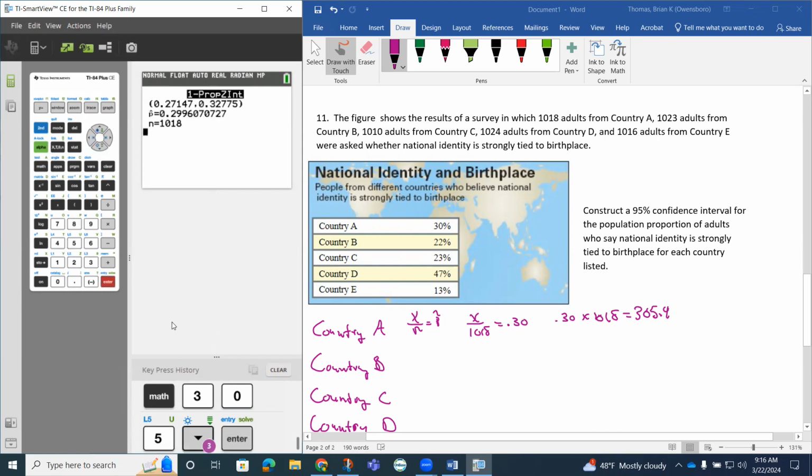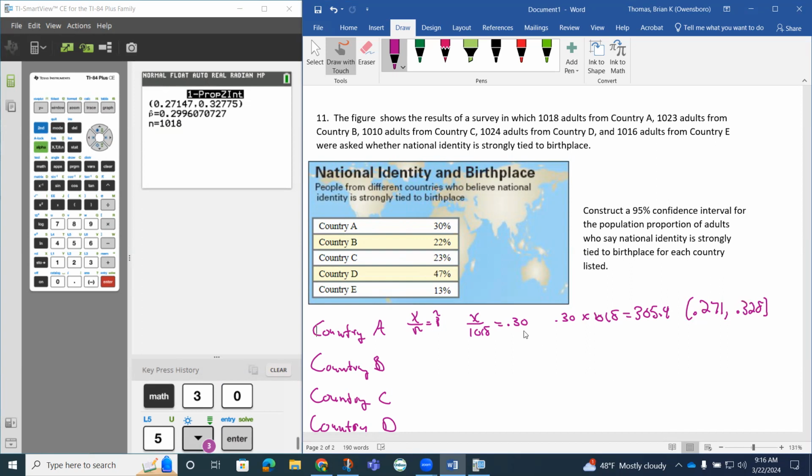So that's how I get 0.271 to 0.328. That would be my confidence interval.